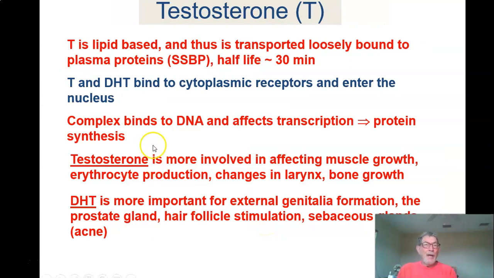It's lipid-based. It's a steroid. So it has to be transported bound to a plasma protein. The most common name for it is androgen binding globulin. Remember, we had thyroid binding globulin, androgen binding globulin. This is single strand DNA binding protein.